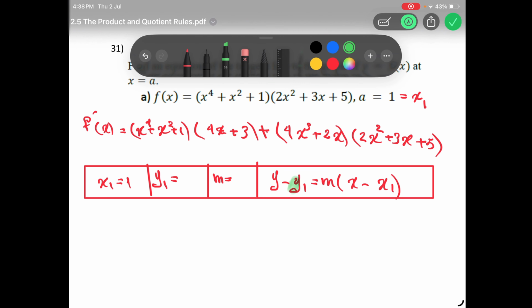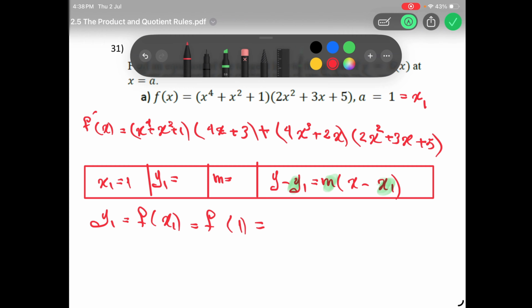Fortunately x1 is always given, and in order to find y1 I will plug x1, whatever x1 is, in f.